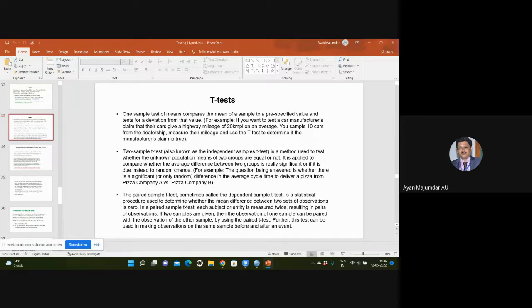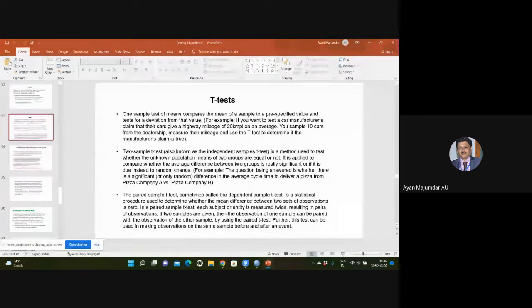Day two, their rainfall. Day three, their rainfall. These I can pair. What is the pairing? Day one A and B. Day two A and B. So if I want to test whether there is any significant difference, then that will be a paired t-test.